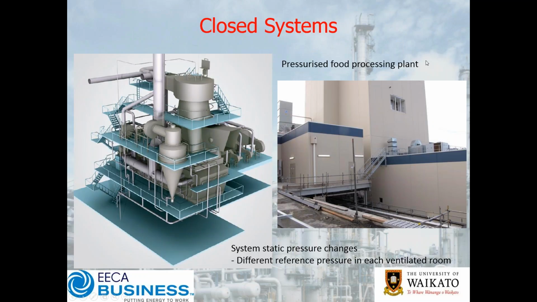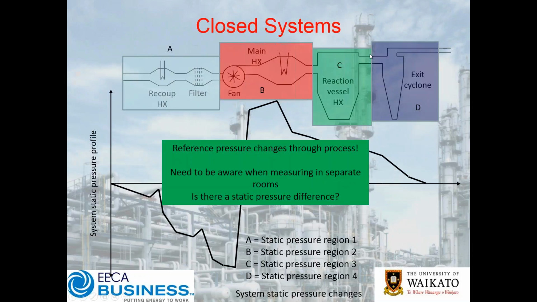Now, of course, there are some times, and I guess the food industry here in New Zealand is a really good example, where actually you're trying to maintain a controlled atmosphere. And so you may have multiple segregated areas in your process or building, which will be at different static pressures. And so as you assess a system, it's important to realize that as you go through the same system, you'll have different reference pressures.